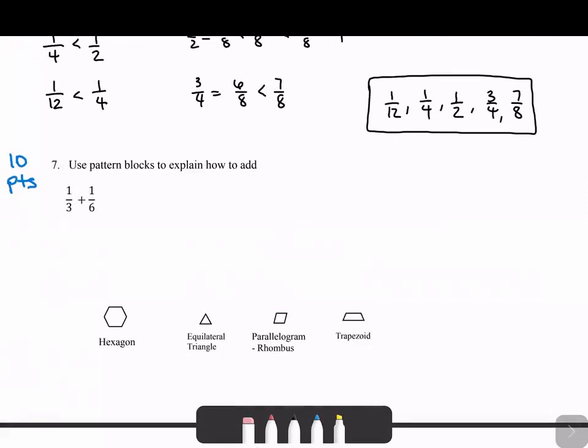These are pretty simple fractions, 1/3 and 1/6. And I know that a hexagon has 6 sides, so I can easily split a hexagon into a third and a sixth using the equilateral triangle and the rhombus. So I'm going to say that the hexagon is my whole.